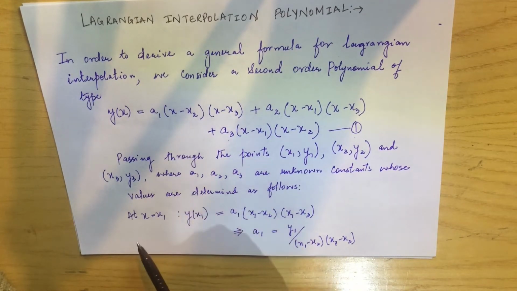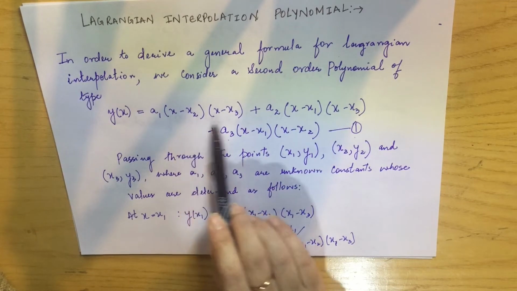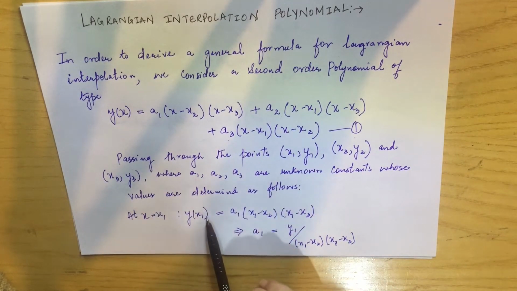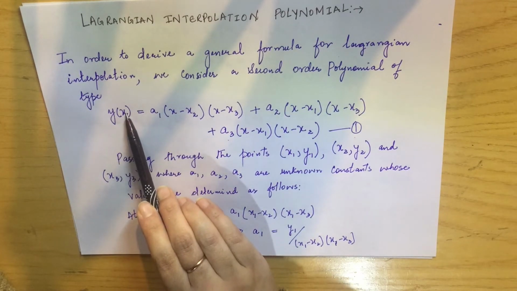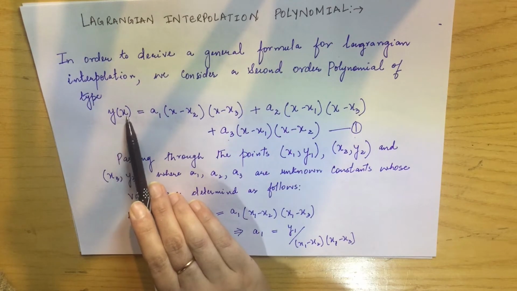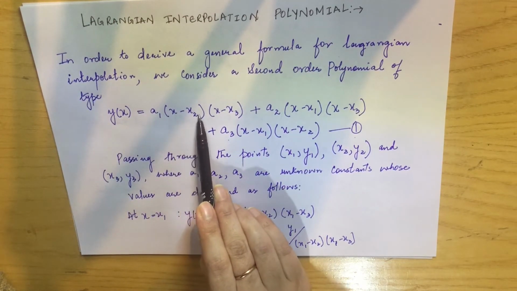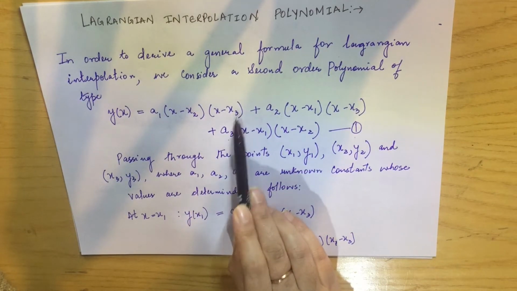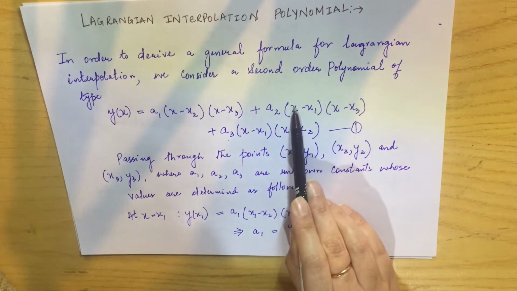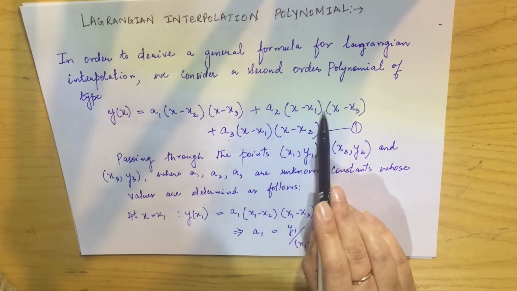So for example, when x is equal to x1, this polynomial will be equivalent to y of x1. It will be equivalent to a1 (x1 minus x2)(x1 minus x3) plus a2 (x1 minus x1)(x1 minus x3) plus a3 (x1 minus x1)(x1 minus x2). Here we get x1 minus x1, which is equal to 0, so the whole term will be equal to 0.